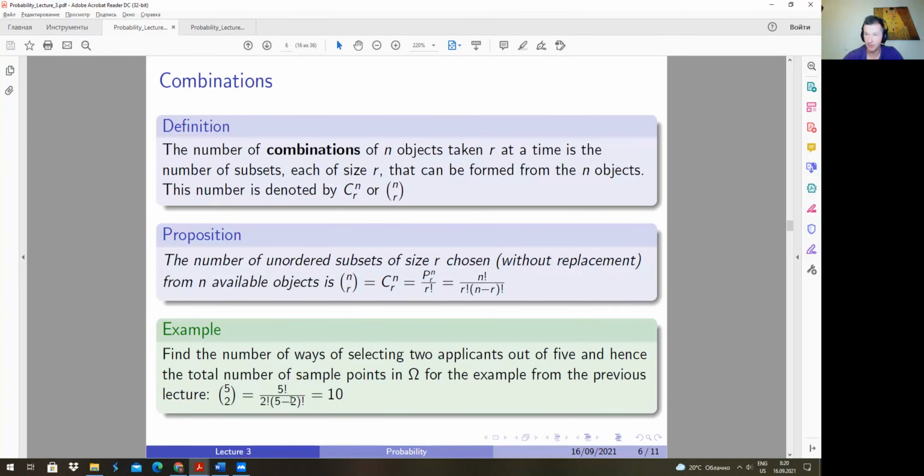So how does this work? Look, if I'm choosing 2 candidates and I care about the order, we know how to do this. So how many? 5, right? So it's 5 times 4, which is 20. But then look, for me, 1, 2 and 2, 1 is the same. So it means that those 20 options are duplicated 2 times.